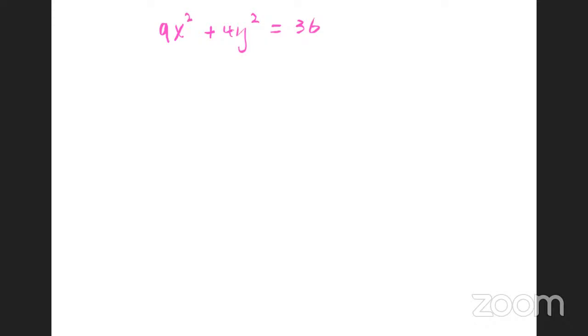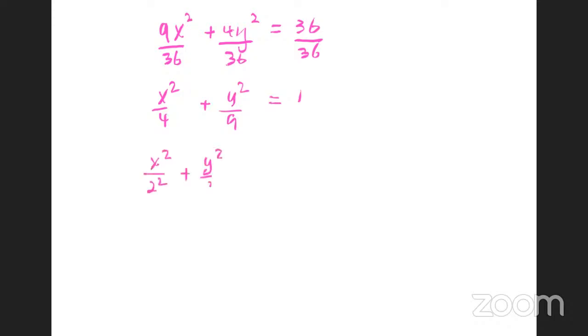Divide everything by 36, because the right-hand side must equal to what, Adrian? To 1. So you'll get x squared over 4 plus y squared over 9 is equal to 1, or x squared on 2 squared plus y squared on 3 squared is 1.